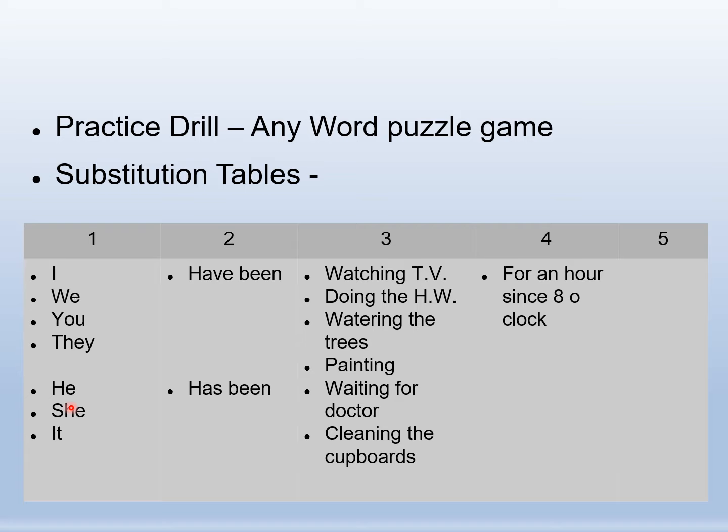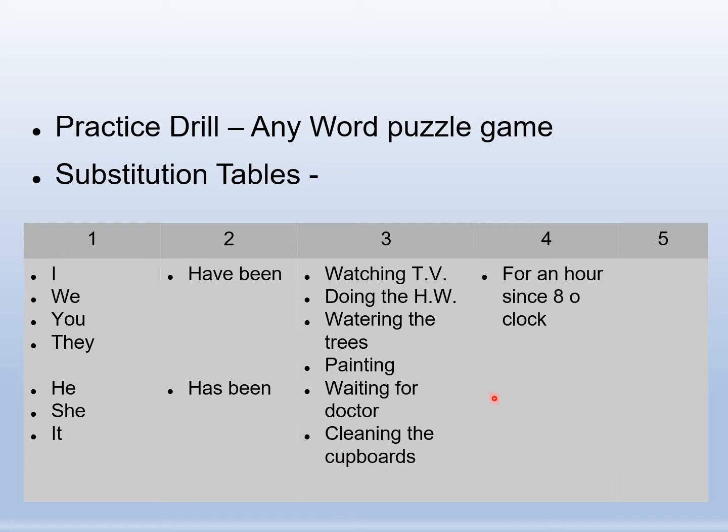So if we take he, she, it: he has been watching TV. She has been watching TV for an hour. It has been watching TV for an hour. So, with the same subject, we can make another sentence. He has been waiting for the doctor. She has been waiting for the doctor.